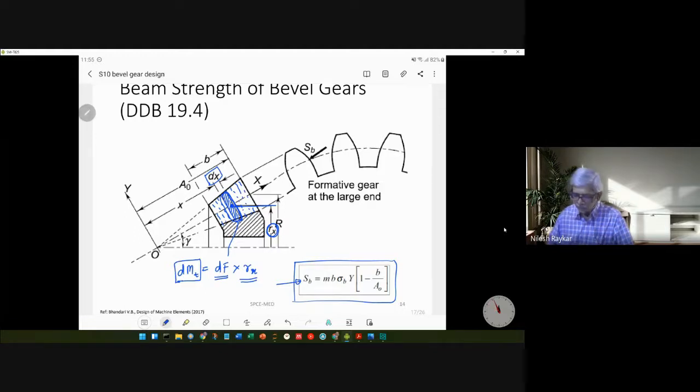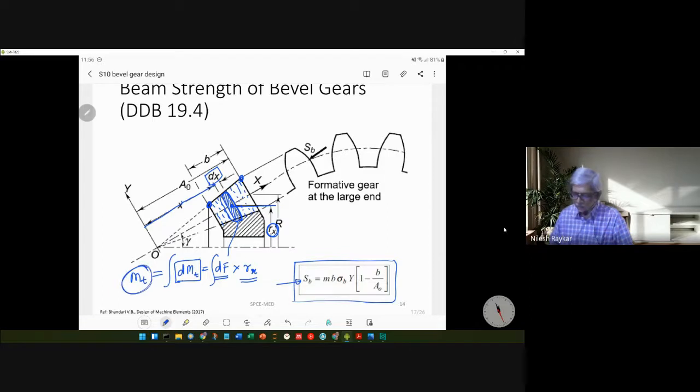And if you integrate this over x, so x here is in this particular direction, x running from the smaller side to the larger side, you will have the total torque which this particular gear has to transmit. So this part is known to us. That is, from power and RPM we know what is the total torque that these teeth have to withstand.